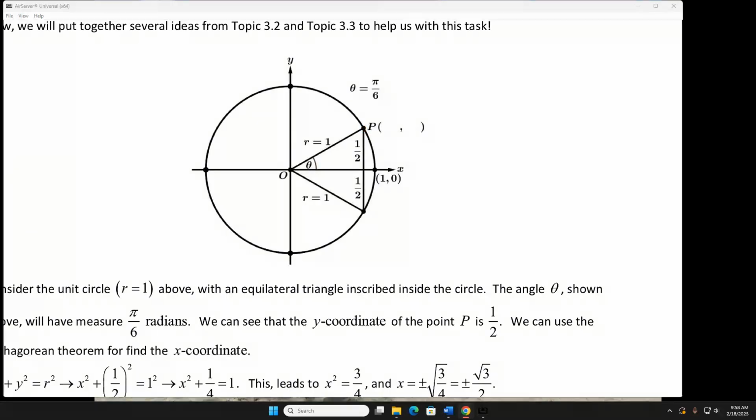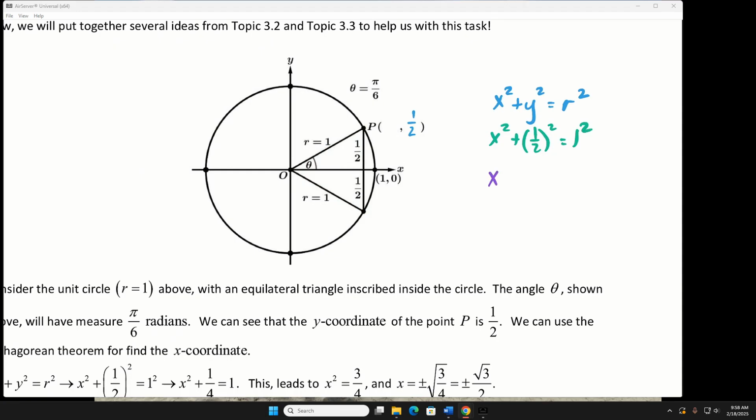It's how many you go up to get it. What we need is the x-coordinate. To find it, I'm going to use the Pythagorean theorem, but using x, y, and r. x is what we need. y we already know is 1/2. What's r? 1.